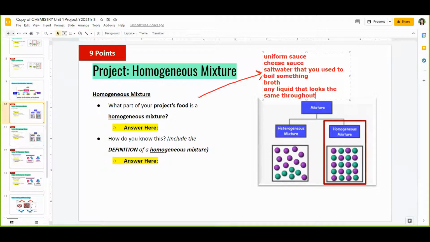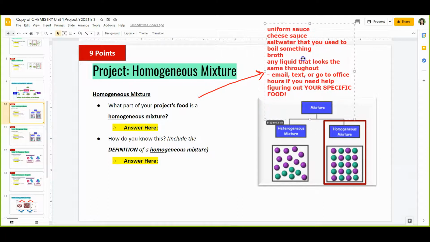Okay, again, if you have trouble thinking of something, always go ahead and email, text, or go to office hours if you need help figuring out your specific food. Okay, all right, so those will all be examples of homogeneous mixtures. Again, mixtures that look the same throughout.